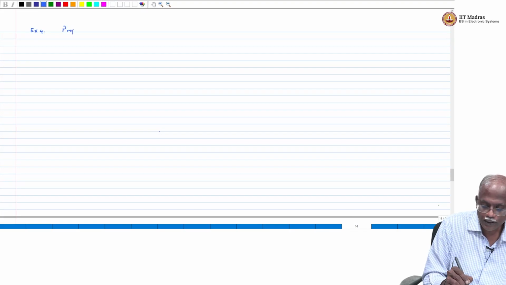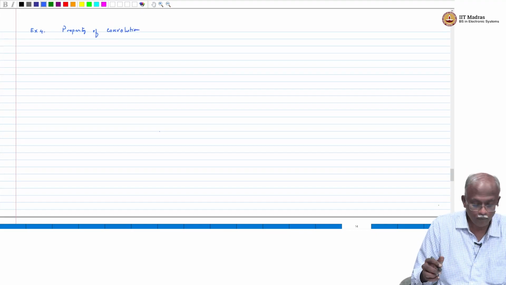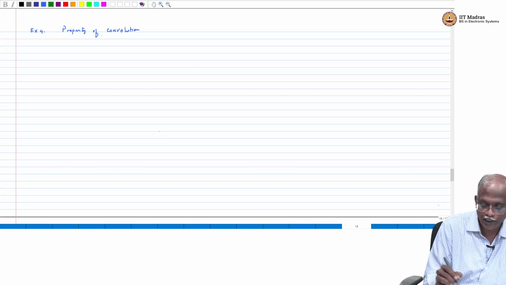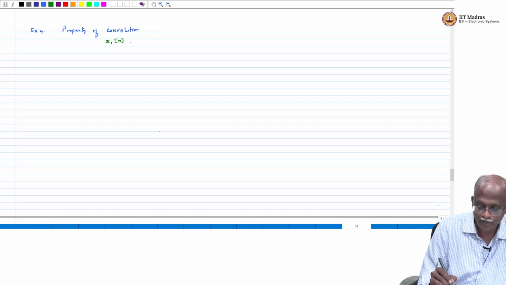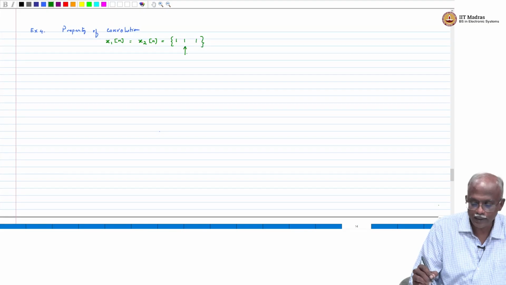the property of convolution. I am going to give you a very simple example so that we can appreciate the usefulness of this application. Now, if you have x1 of n equal to x2 of n, two sequences which are identical, both of them are 3-point sequences where the middle term is the origin.